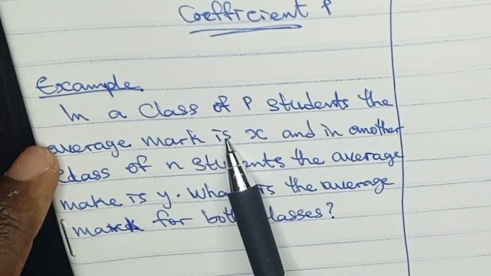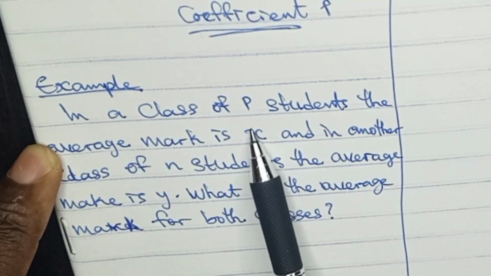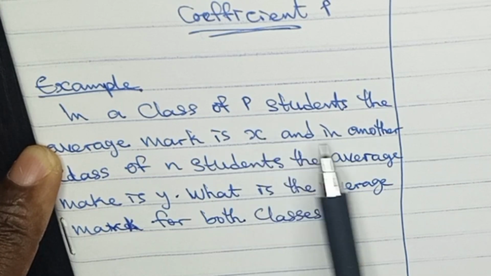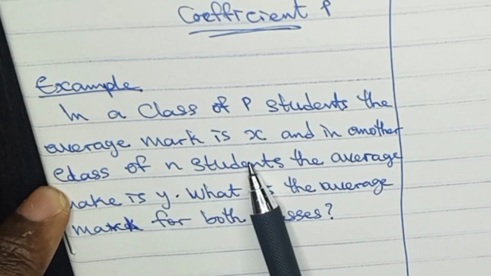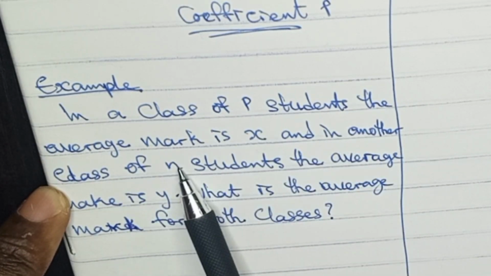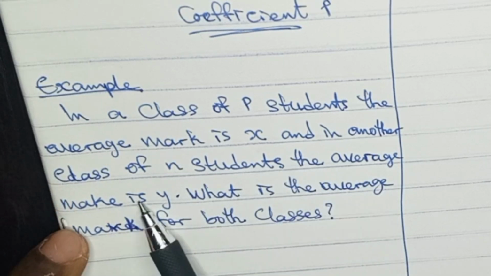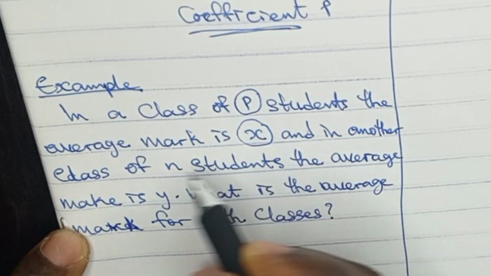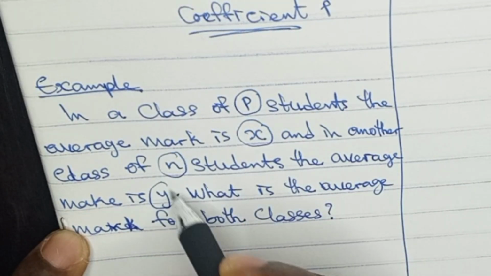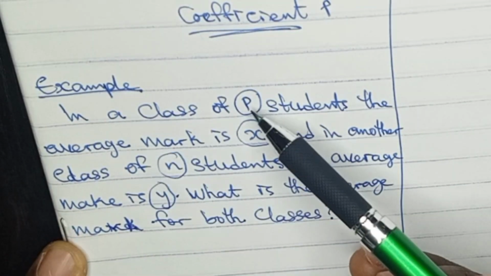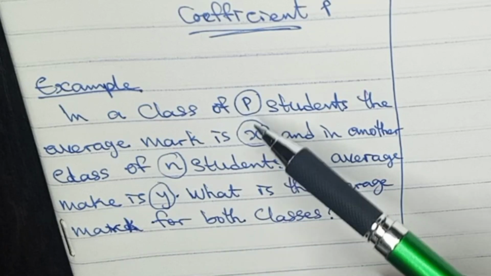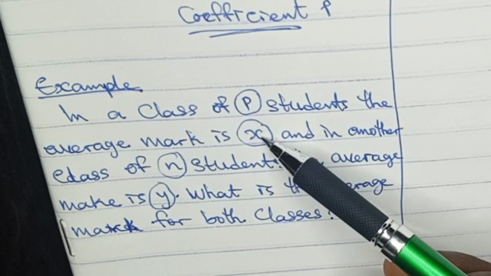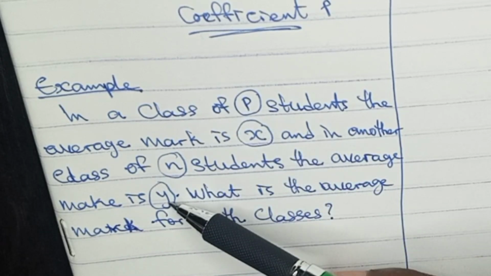The average mark is x, unknown, and is being represented with the letter x. In another class of n students, the same thing is happening: the average mark is y. Let me circle these out. So the letters used to represent the unknown values are p, x, n, and y.